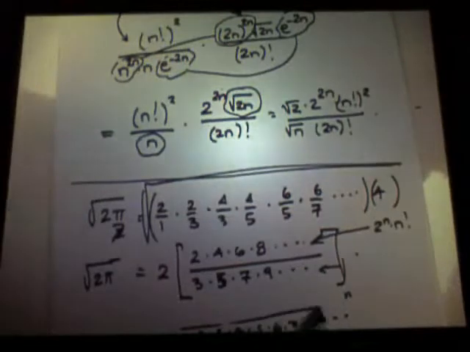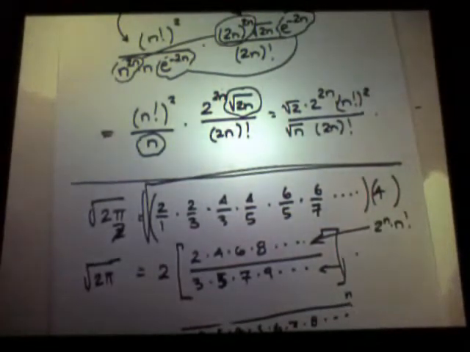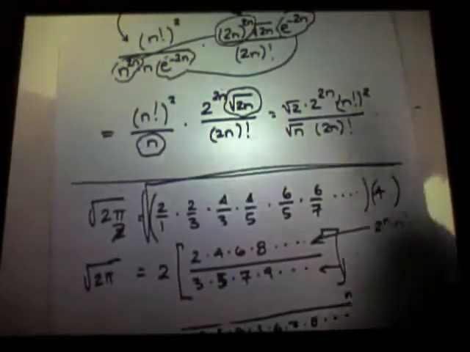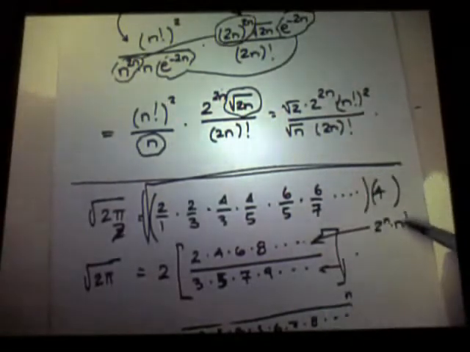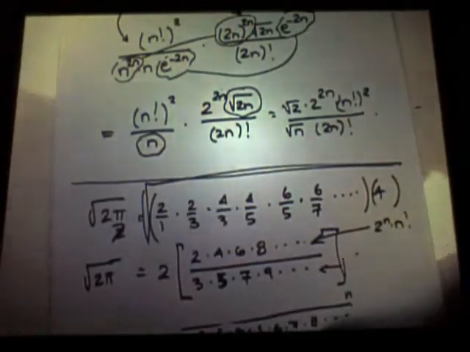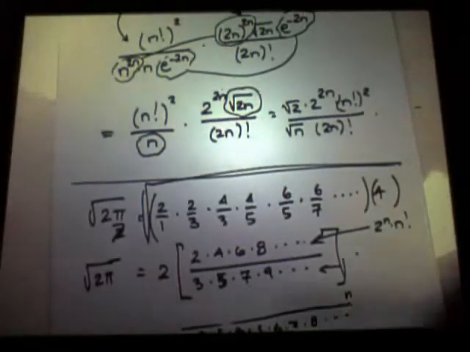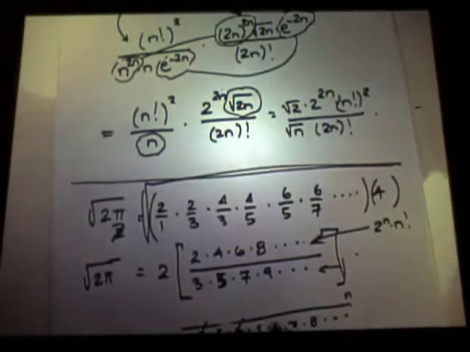But the stuff upstairs is going to kill some things. And what's upstairs is another... I have two of these things. One I need for upstairs, and then one I'm going to cancel against this and get just the odd guys, right? Is that true? Oh, look here. There they go again. It's the upstairs guys being removed from 2n factorial downstairs.